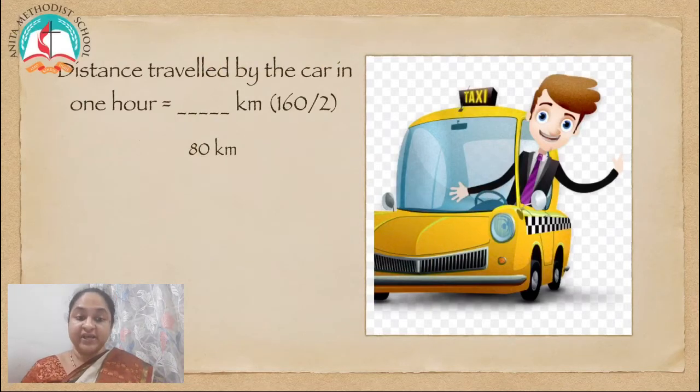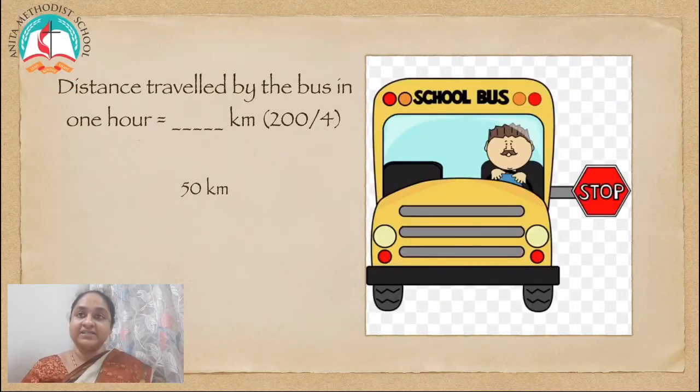Let us calculate how far they traveled in 1 hour. Distance traveled by the car in 1 hour is 160 kilometers by 2 hours, that is 80 kilometers. And distance traveled by the bus in 1 hour is 200 kilometers by 4 hours, that is 50 kilometers.